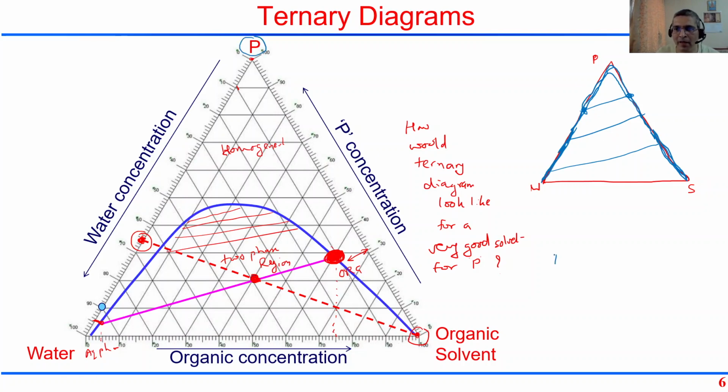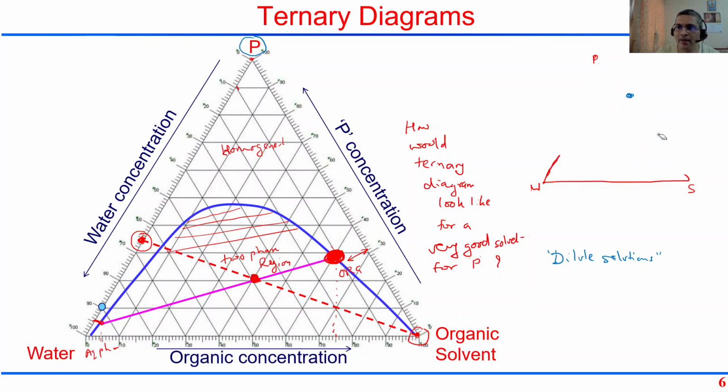But if you are having dilute solutions, then it is good to select a solvent that would have the two-phase region practically coinciding with the side of the triangle, right? So you would want a two-phase region which is practically coinciding.